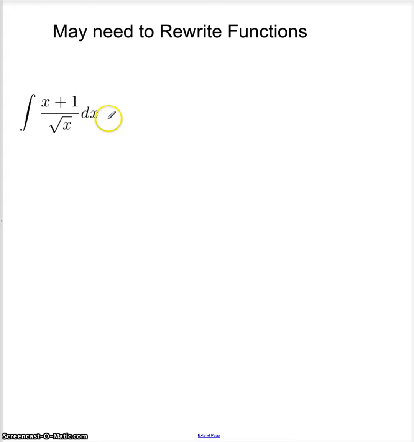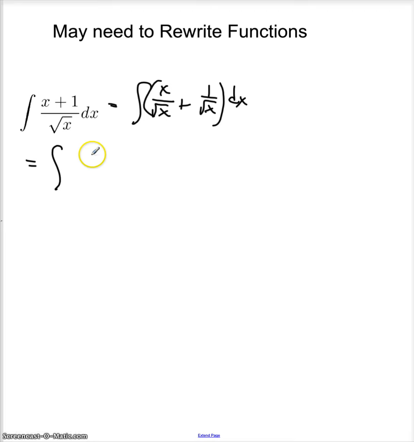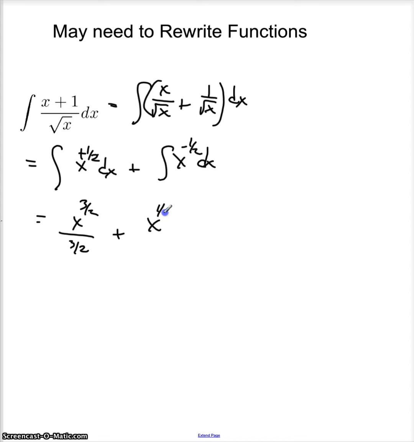Now you may need to rewrite the function. This is the integral of x plus 1 over the square root of x. Algebra still works, folks. So this is the integral of x to the 1/2 dx plus the integral of x to the negative 1/2 dx. Integrate both of these, and you get x to the 3/2 divided by 3/2 plus x to the 1/2 divided by 1/2 plus c.